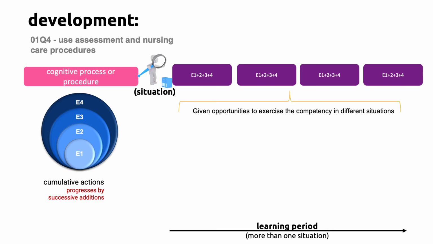Here's an example that illustrates well the idea of using both holistic competency development models. The competency, use assessment and nursing care procedures, can be developed in 4 courses, each focusing on one area of care.